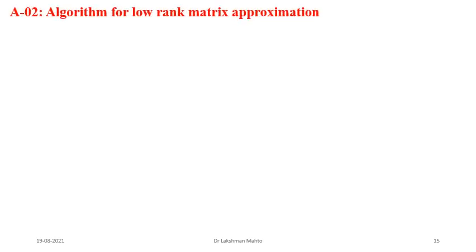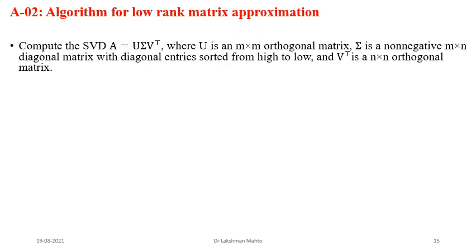So I will put everything in algorithmic fashion. What is the algorithm for what we call low rank matrix approximation? First, we have to compute the SVD of the given matrix. Each column of U are the left singular vectors, or simply you can say it is an m by n orthogonal matrix.